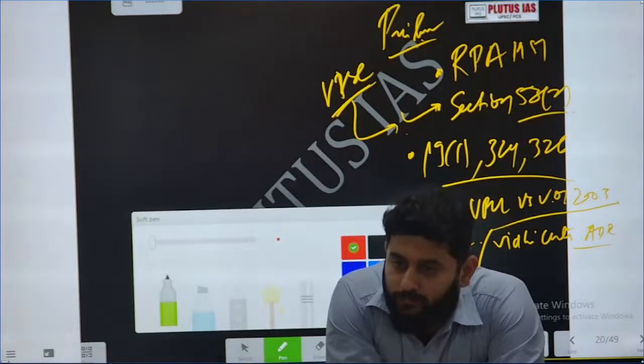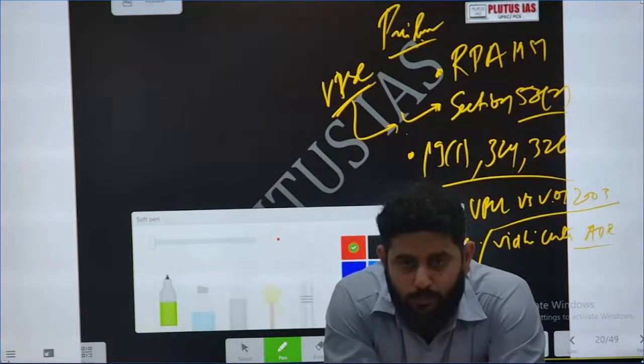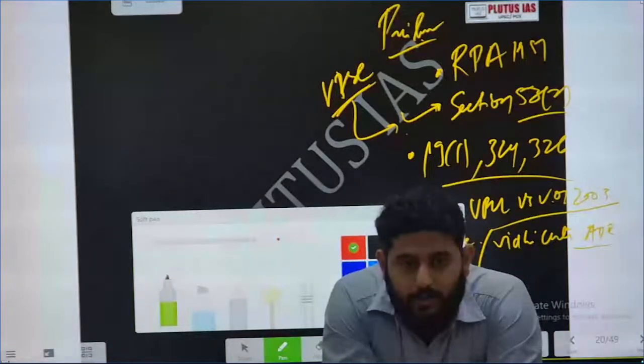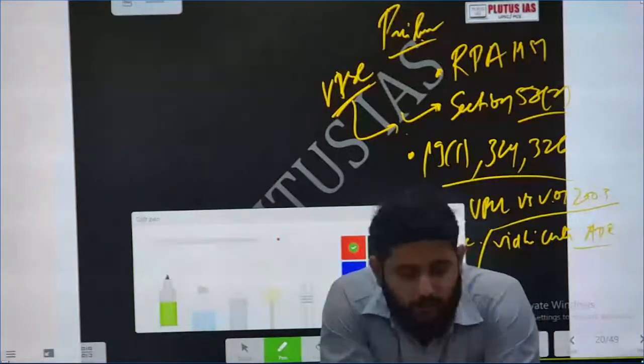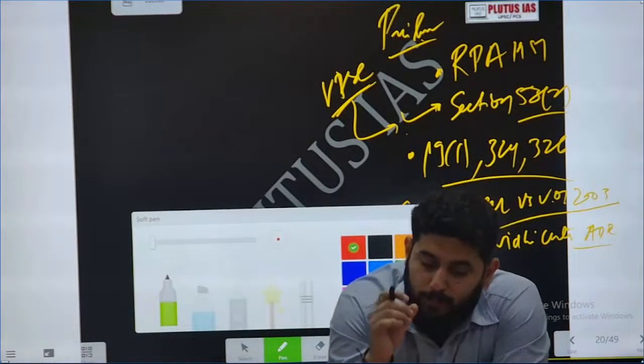Right to vote, statutory right. This question was asked previously in UPSC prelims also. Right to vote is a statutory right under Section 62 of RPA 1951. Another thing is NOTA, none of the above, introduced in 2013 in the PUCL case.